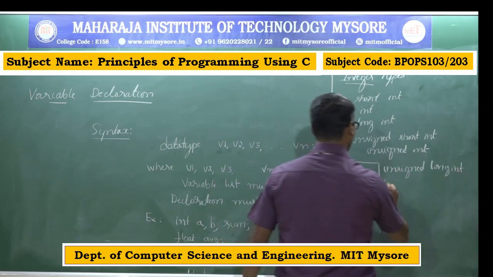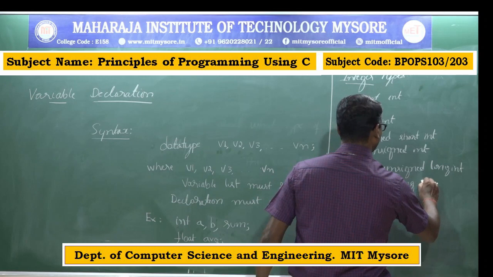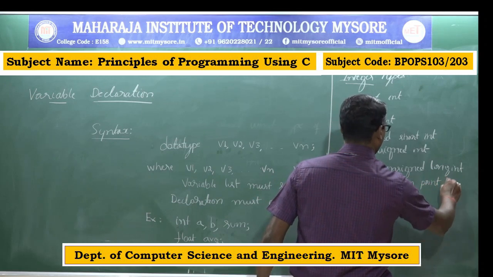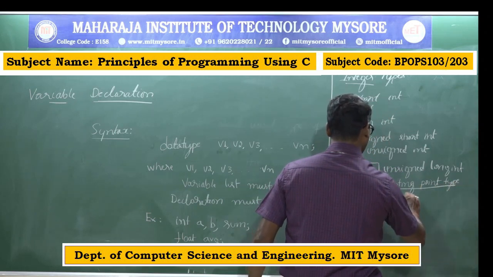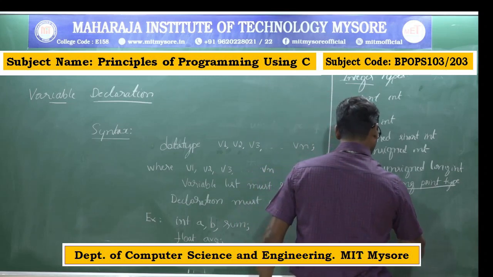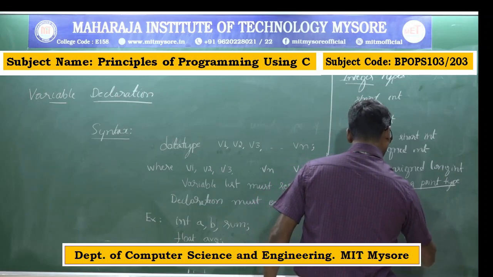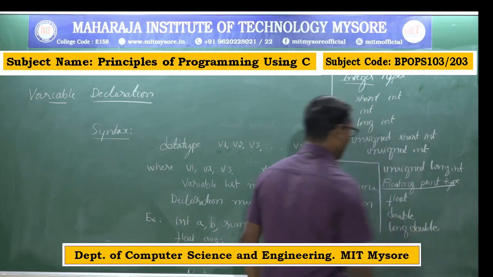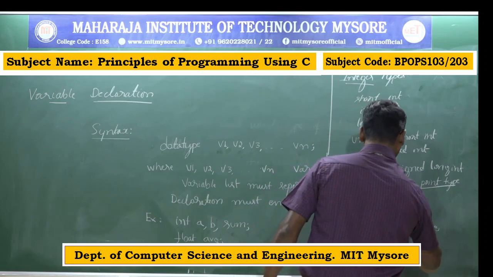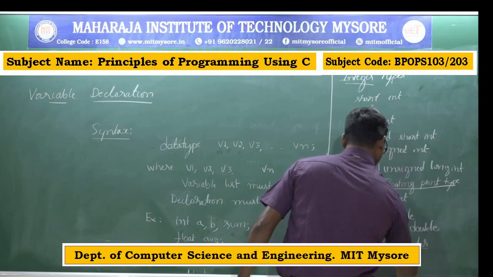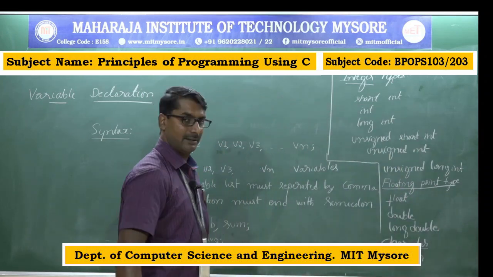Similarly, if you want to define floating point data types, we use the keywords float, double, long double. char is used for defining a character variable.